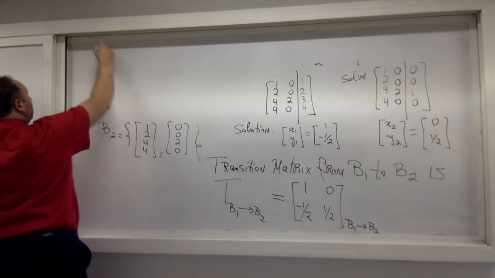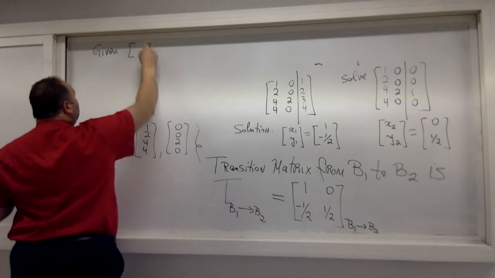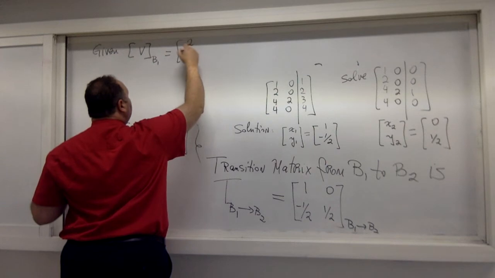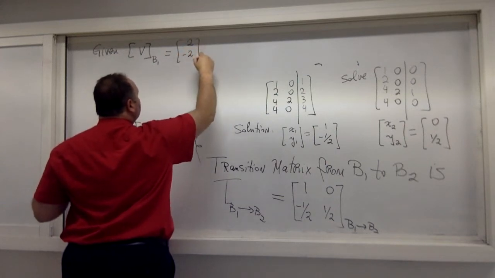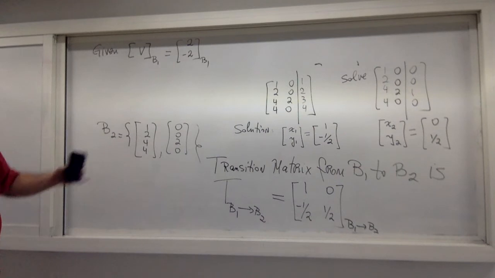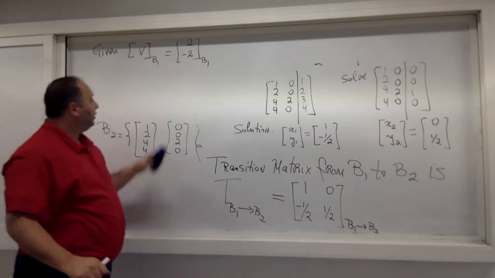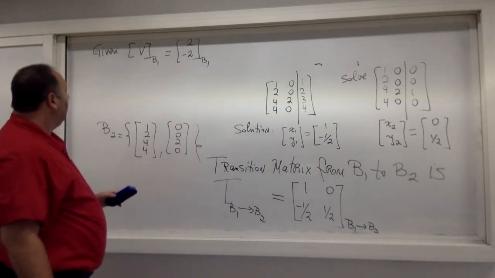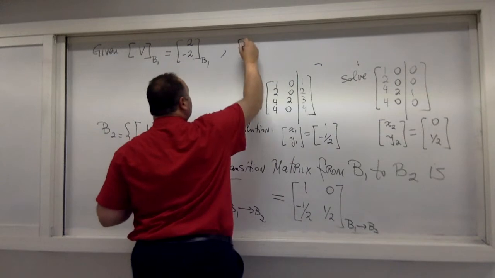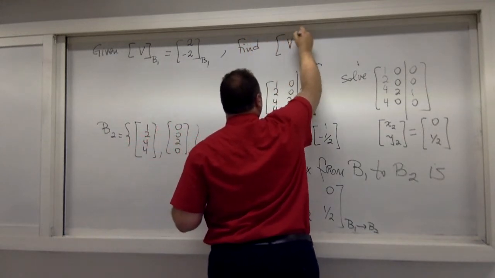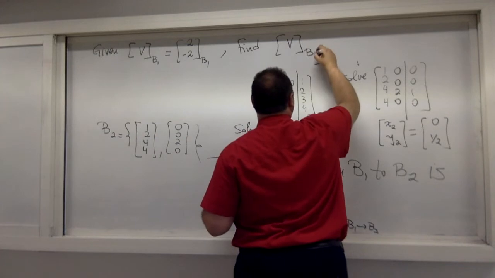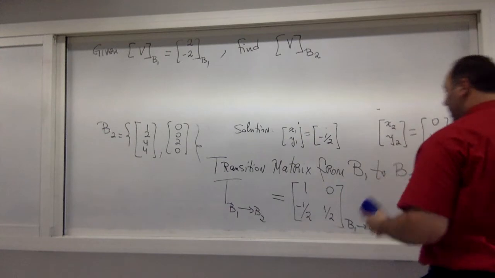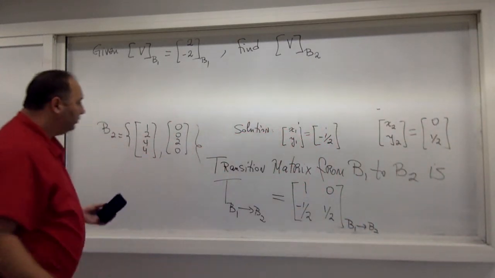So vector V in basis B1, let's say coordinates are 2 and -2 for some reason. Well, I can find what is vector V, obviously, but all I want now is coordinates of the same vector in basis B2. So coordinates of vector V in basis B2. So what do I do? I use this transition matrix from B1 to B2, and I'm done.